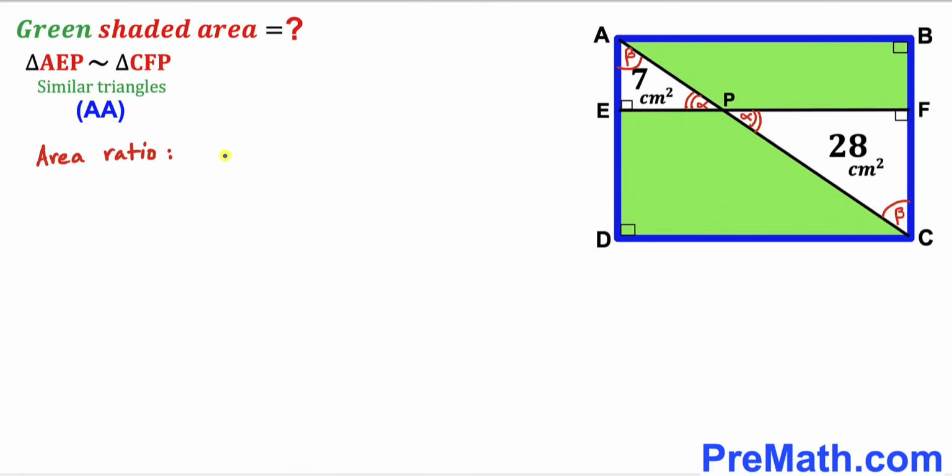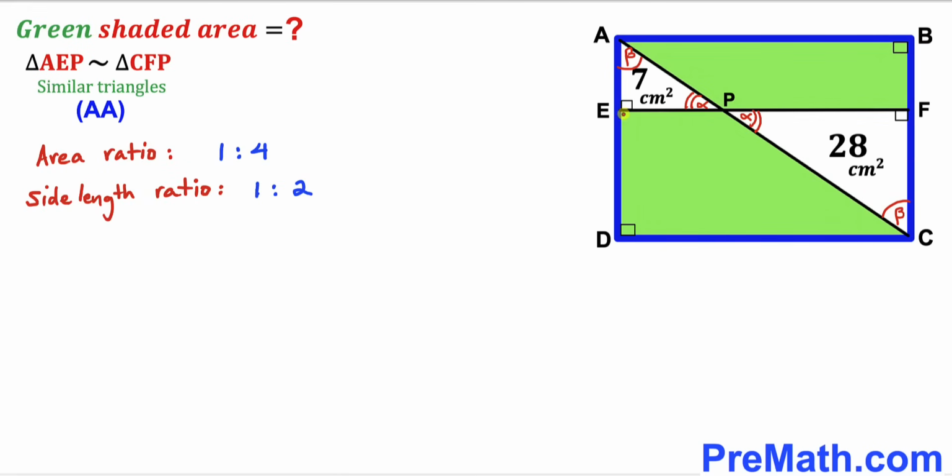Now let's focus on their area ratio, which is 7 to 28. Dividing both sides by 7, it reduces to a 1 to 4 ratio. Their side length ratio is the square root of these areas: the square root of 1 is 1 and the square root of 4 is 2, so the side length ratio is 1 to 2.